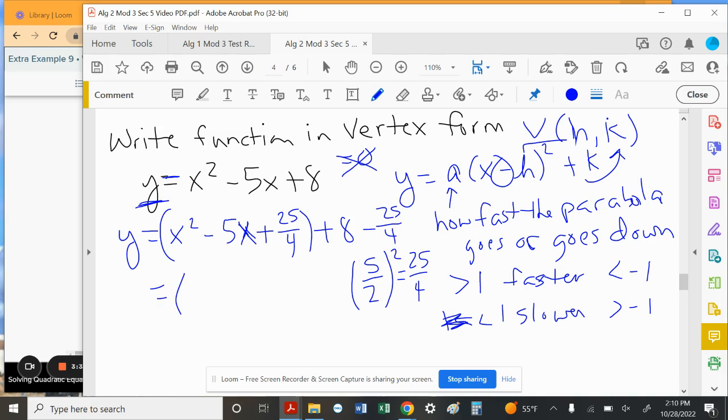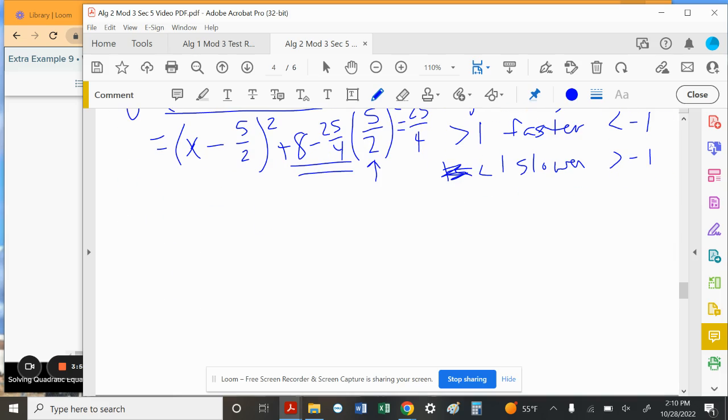So we're going to factor this piece right here using completing the square. Remember, when we complete the square, we look at that sign. So we have (x minus 5 halves) squared plus 8 minus 25 over 4, and this is outside the parentheses. Next, we're going to combine those together.